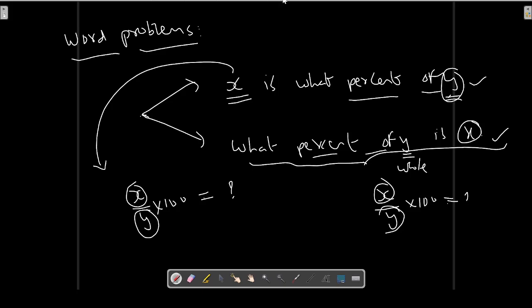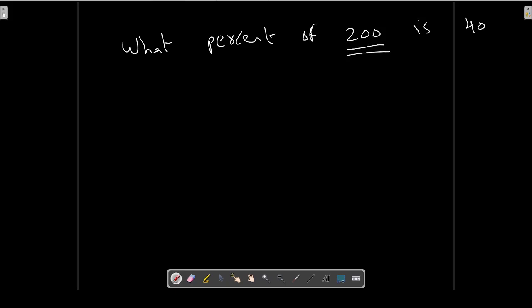Now let's see an example to understand this in a better way. For example, he will ask what percent of 200 is 40. That means here 200 is the whole part. That means we have to take 200 in the denominator, and 40 is the part which is taken. So it has to be in the numerator.